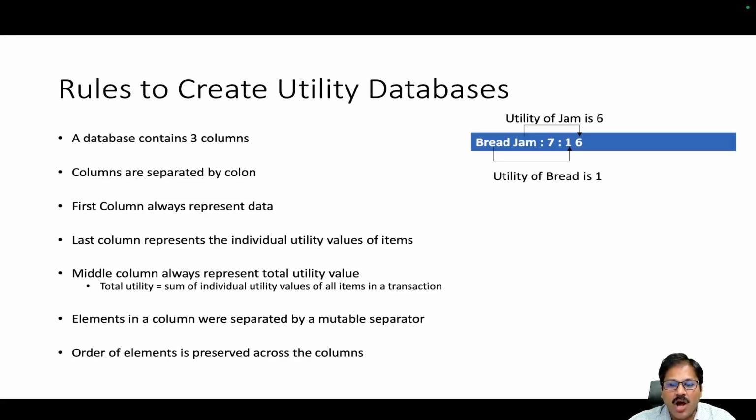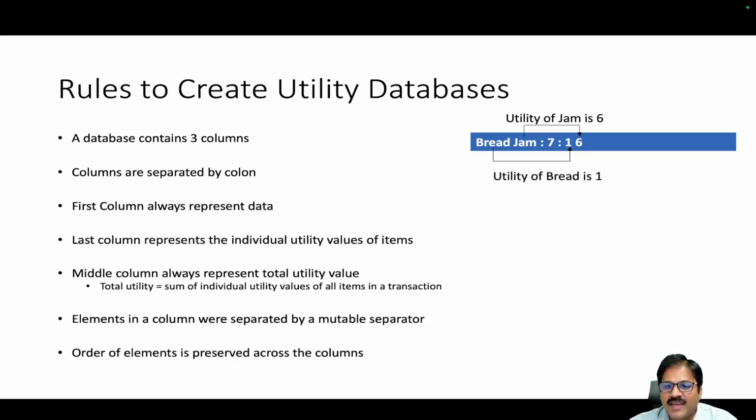Similarly, the order of elements within the columns is also preserved. For example, if we look here, bread occurred before jam in column 1. So when we look at the individual utilities of the items, the first value in the third column represents the utility of the bread, that is the price the person has paid.